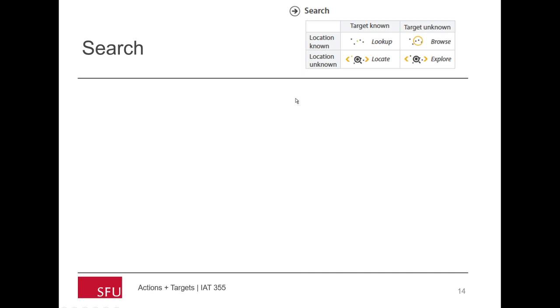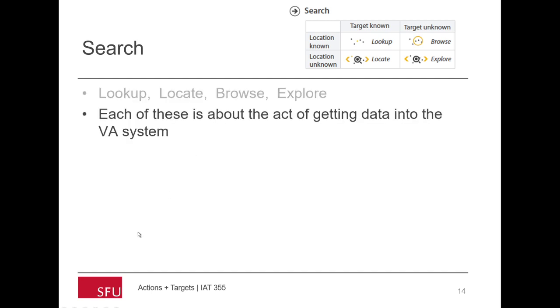And here in this little table, she shows a 2x2 table in which you either know or don't know what the target is, and you know or don't know where it is located. And so in this little table, we have these 4 terms: lookup, locate, browse, and explore. And each of these is about the act of getting data into the visualization system, into the visual analytics system.